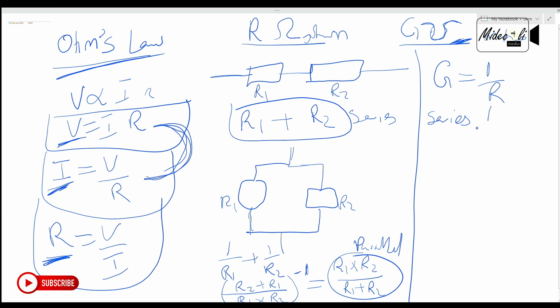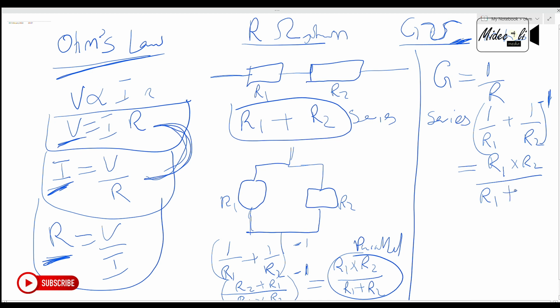What we do is 1 over R1 plus 1 over R2, which is equal to the inverse of this, as well as the inverse of this we did the other time, which is equal to R1 times R2 over R1 plus R2. Same thing goes when they are in parallel. You do the inverse of what you do for a normal resistor. Here you say R1 plus R2. Don't forget that this is this and this is this.